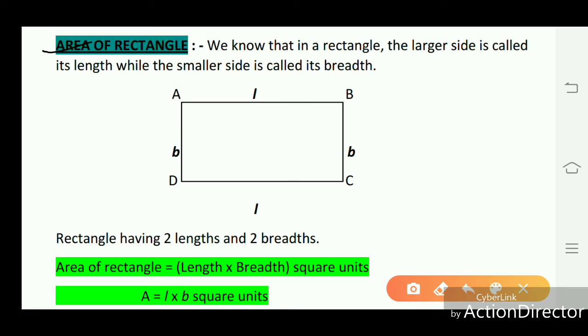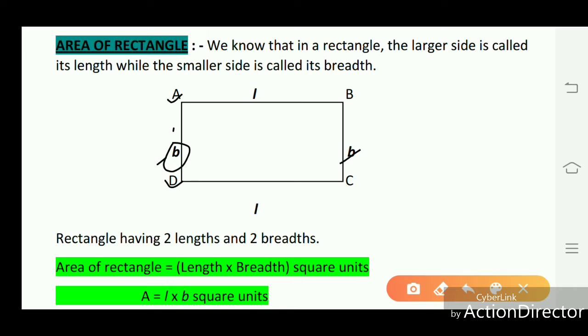Area of rectangle. We know that in a rectangle the larger side is called its length, while the smaller side is called its breadth. So here this longer side AB is known as length, and DC also. This side AD is known as breadth, and BC also.